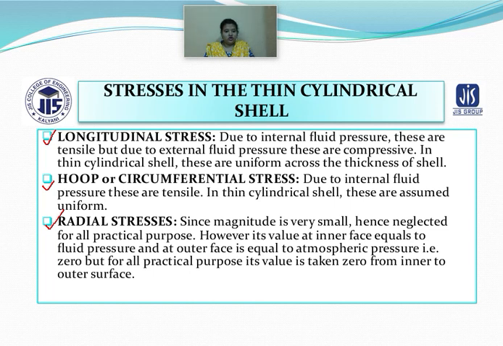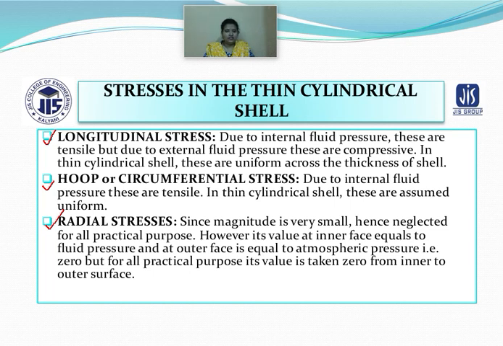But for all purposes, its value is taken as 0 from inner to outer surface, because the magnitude is so small that it is neglected. So from this slide, we are familiar with longitudinal stress, hoop stress as well as radial stress.